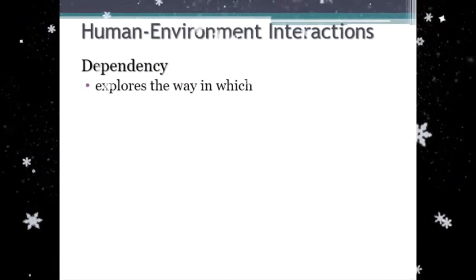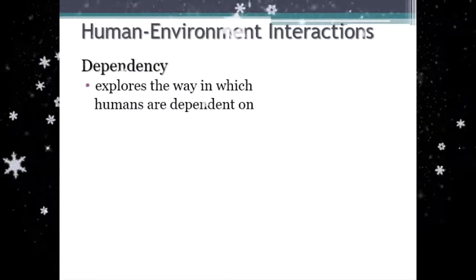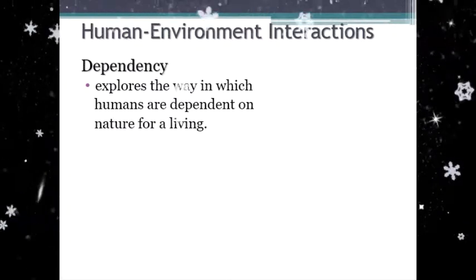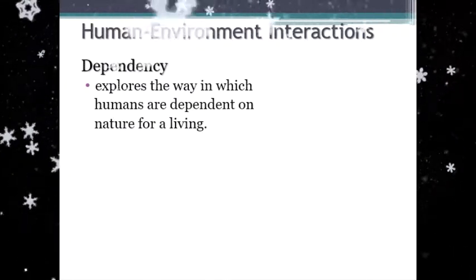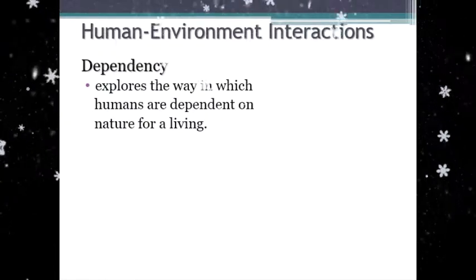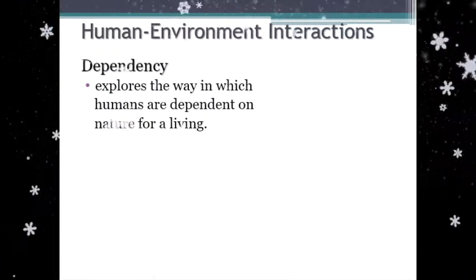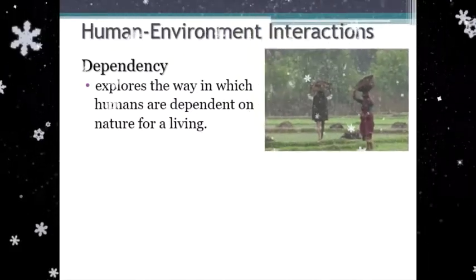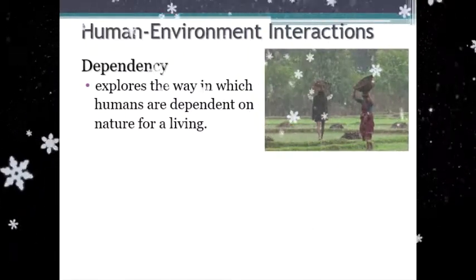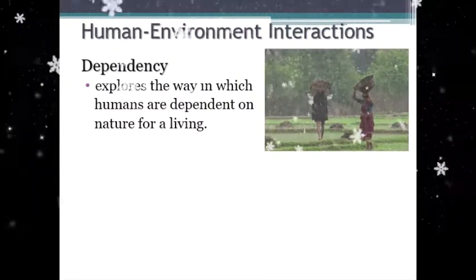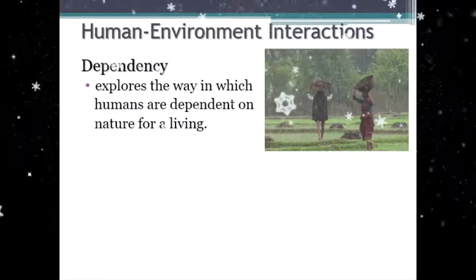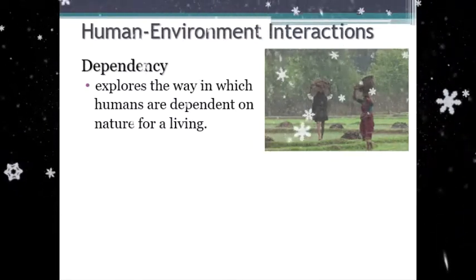Human-environment interaction. Dependency explores the way in which humans are dependent on nature for a living. So humans are dependents of the environment. As you can see in that example, they are dependent on our nature or our environment.